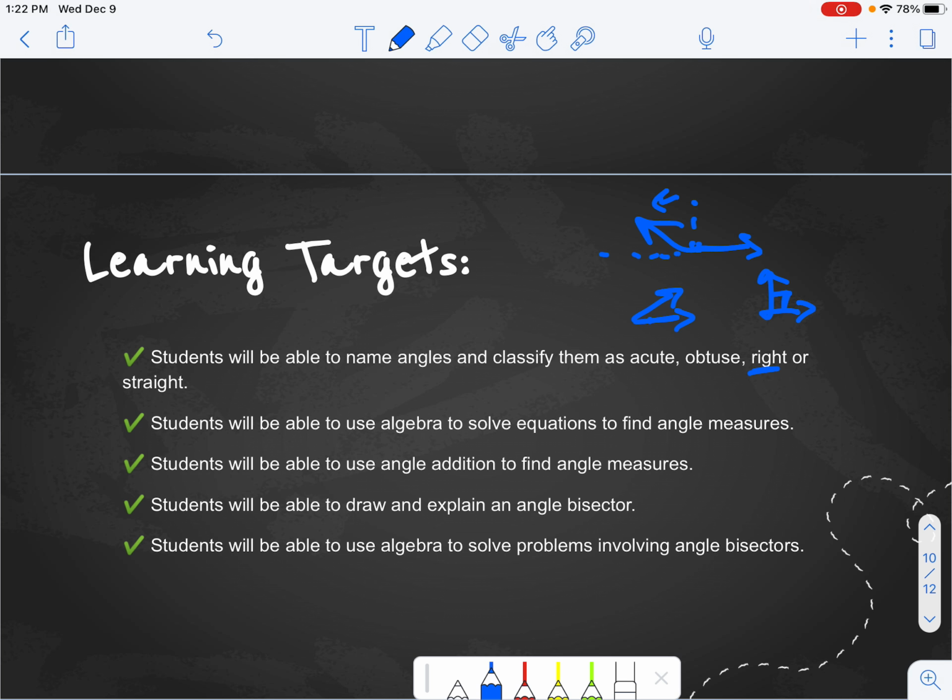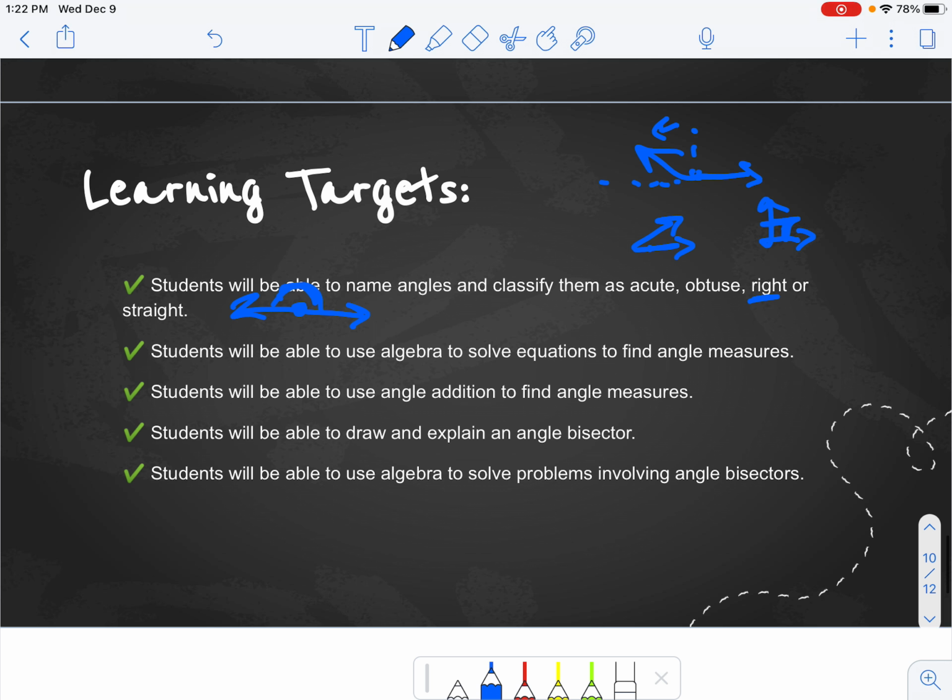A right angle, which remember has those two little lines put together right here to show that it's a right angle, or straight. Sometimes with a straight angle, you will see that it has this half circle around it, and that is just confirming that it's a straight angle, or it'll tell you in the directions.